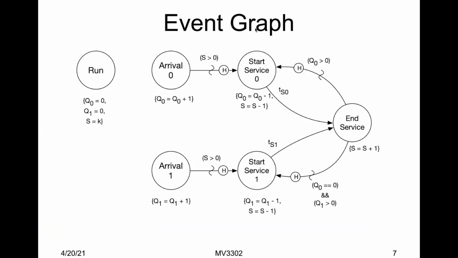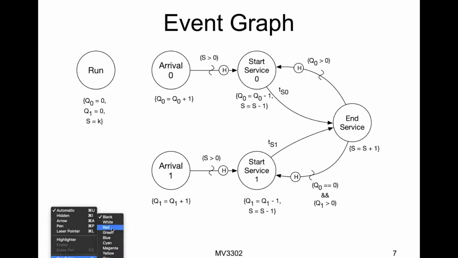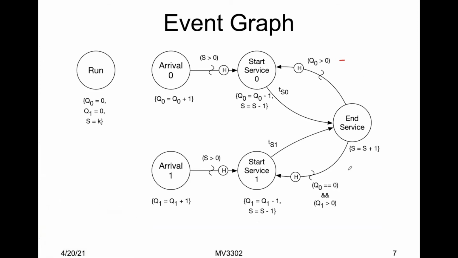But again, the key element here is the difference between this edge and this one. So you have to be careful, because if you forgot this, if you didn't put this in, then there would be a situation where you had one server.